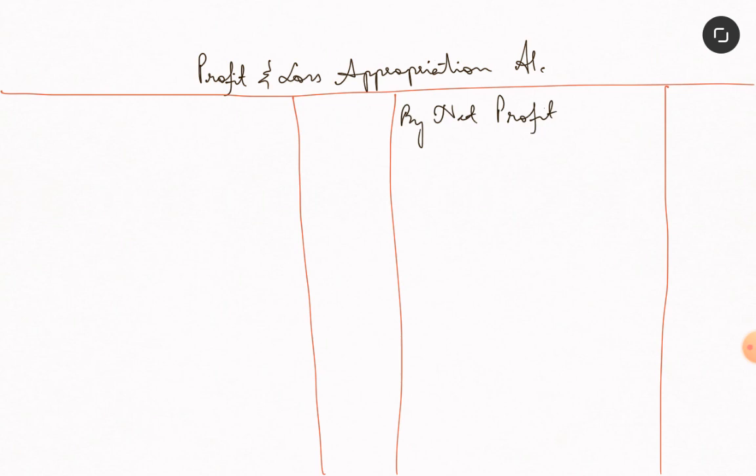But remember, A had loaned an amount and on that amount there is 4% interest that is to be paid. So that amount of interest, let us deduct that first. Either you can write it as by net profit and then deduct the amount of interest later in the amount itself, or you can deduct it on the debit side of your profit and loss appropriation account. So let's deduct it along with the net profit.